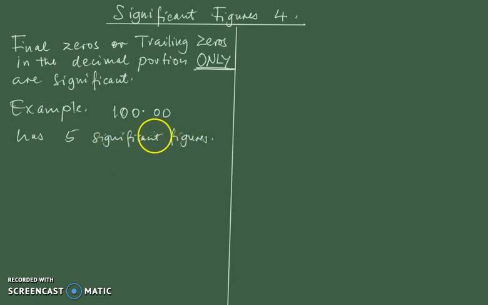So 100.00, we count 1, 2, 3, 4, 5. All these zeros here are counted as significant figures. And we can have a number like 123.00. This also has 5 significant figures.